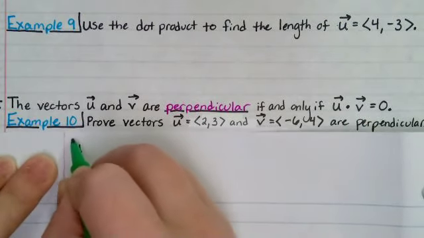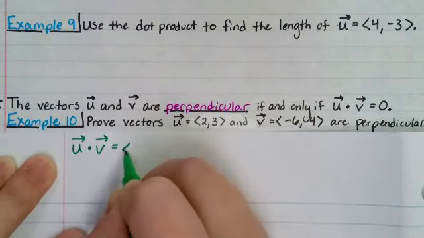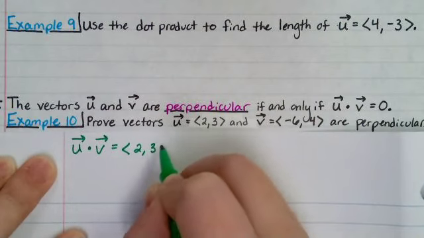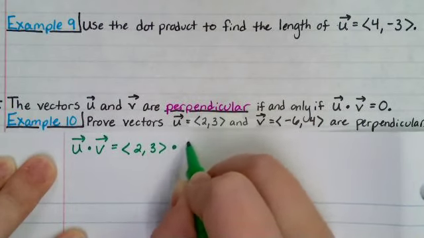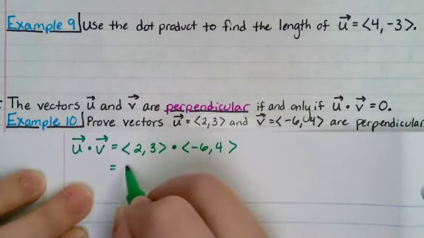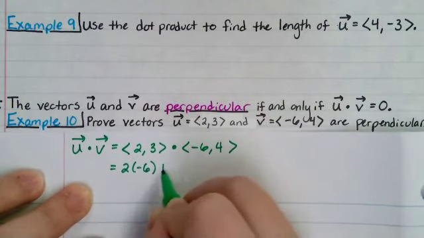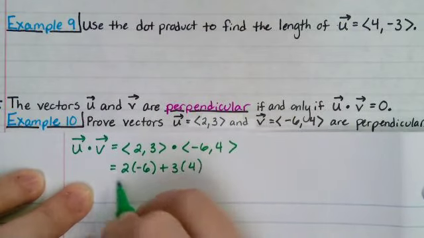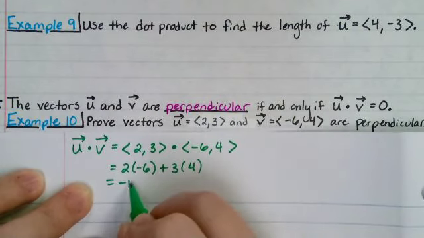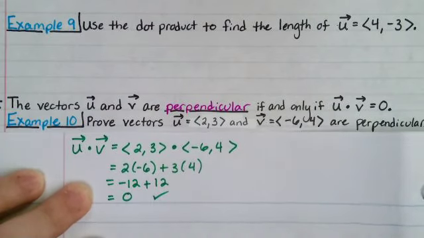So u is 2, 3, and v is negative 6, 4. I'm going to do 2 times negative 6 plus 3 times 4. 2 times negative 6 is negative 12. 3 times 4 is a positive 12. And we do indeed get 0. Therefore, they are perpendicular.